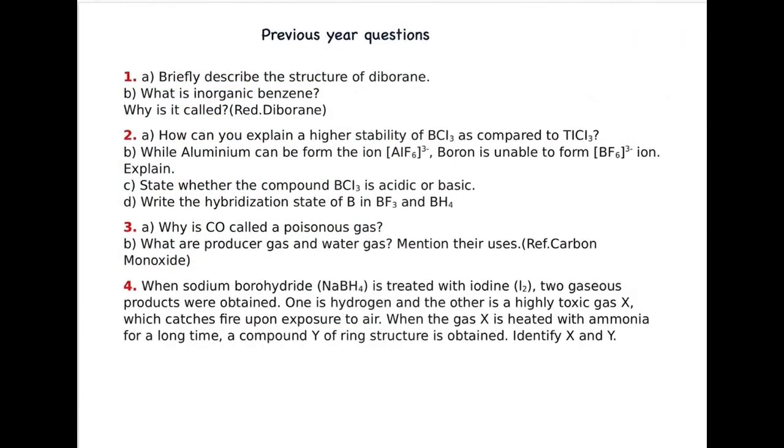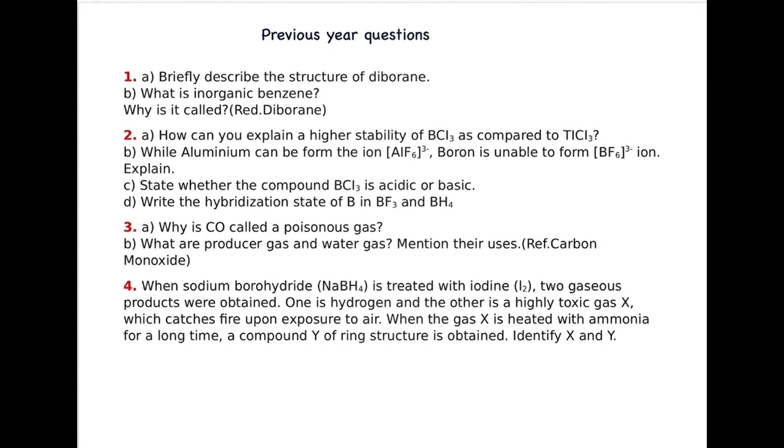In previous years, questions related to structure of diborane and its characteristics, properties of halides of boron family members, questions related to preparation and uses of water gas and producer gas, poisonous nature of carbon monoxide and greenhouse effect due to carbon dioxide, anomalous behavior of carbon.